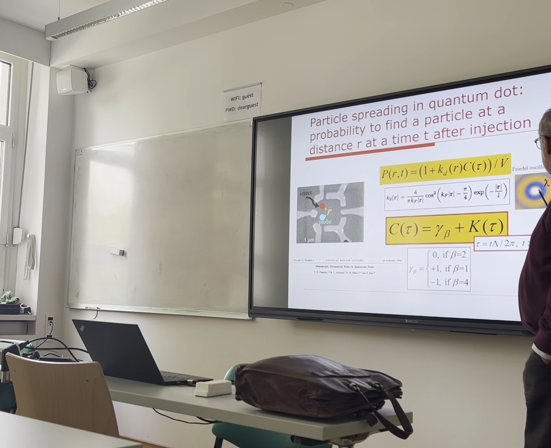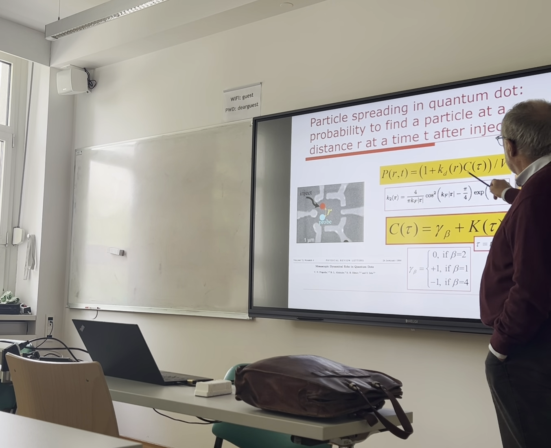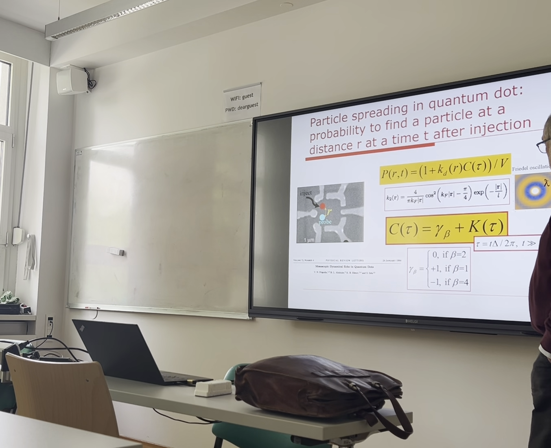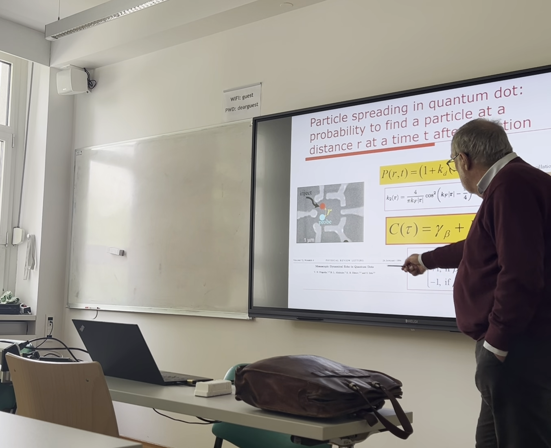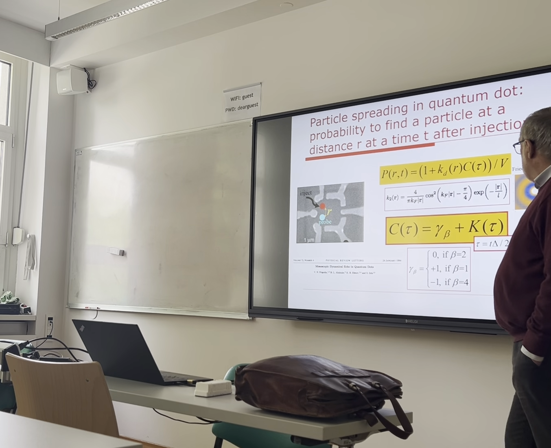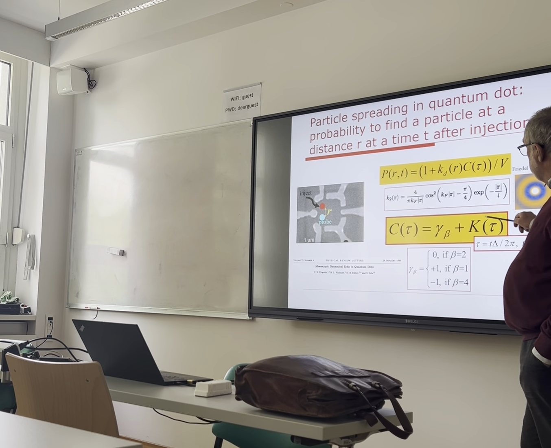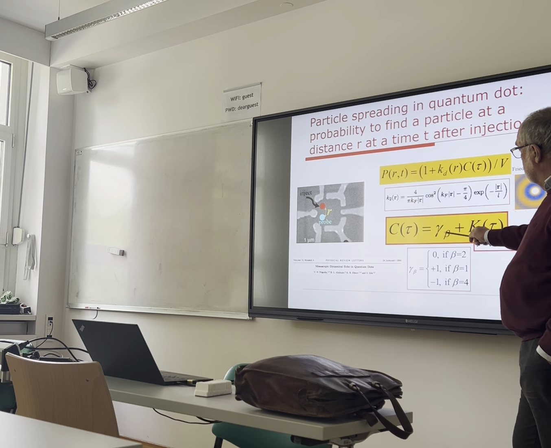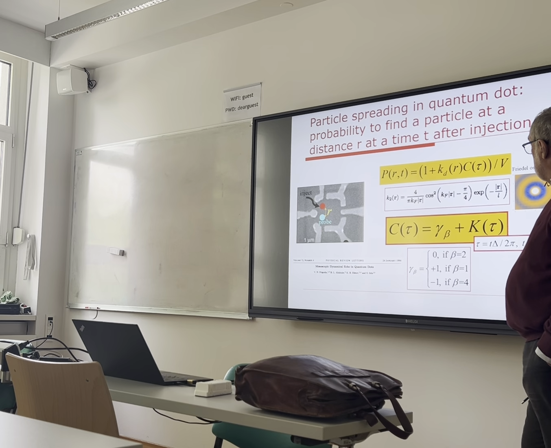Okay, so there are these Friedel oscillations, whose form is here. But there is also an amplitude of the Friedel oscillations, and this is this factor, C of tau. According to this work, this C of tau is the spectral form factor plus some number that depends on the symmetry.